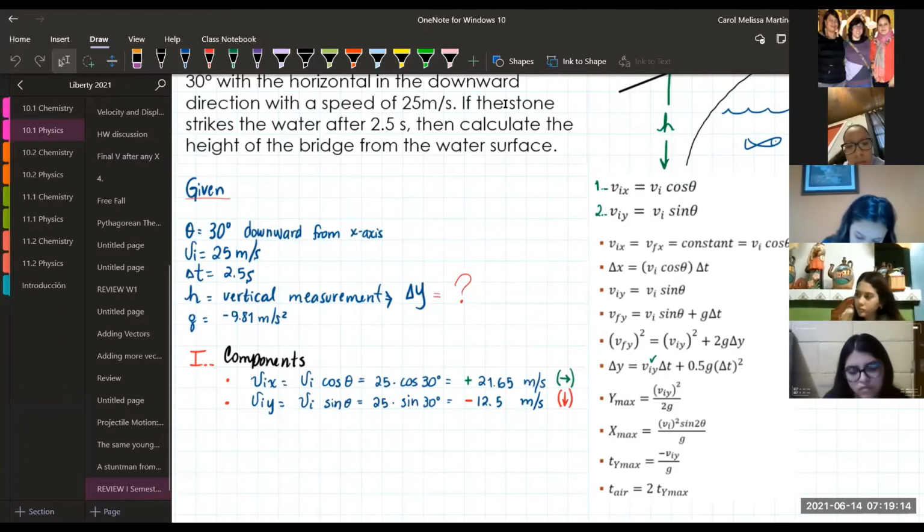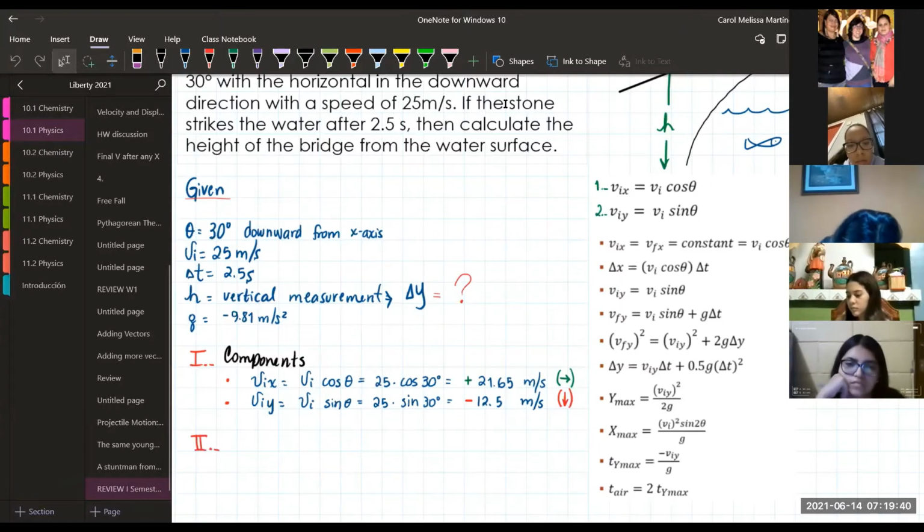So if you ask something, let me know. I have my initial velocity in y. I have my time. The time is repeated, so I have two givens over there. And the gravity is also given, so it means that I can use the delta y formula. So I'm going to just do my second step. This is a short problem.